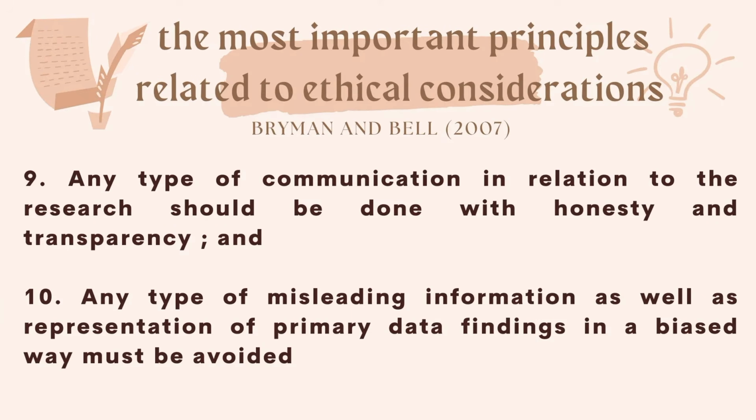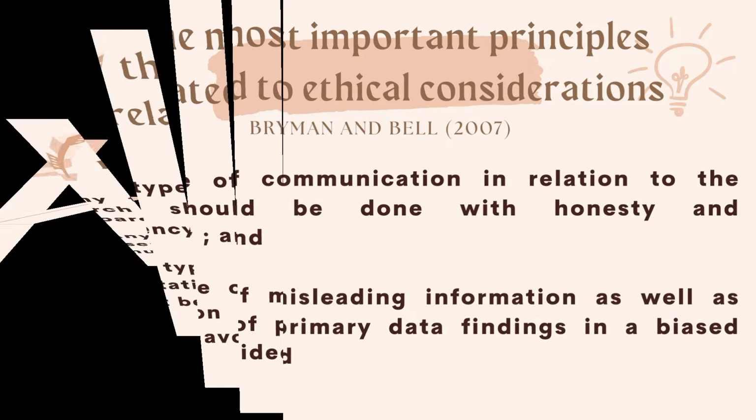And number 9, any type of communication in relation to the research should be done with honesty and transparency. And then, of course, lastly, number 10, any type of misleading information as well as the representation of primary data findings in a biased way must be avoided.